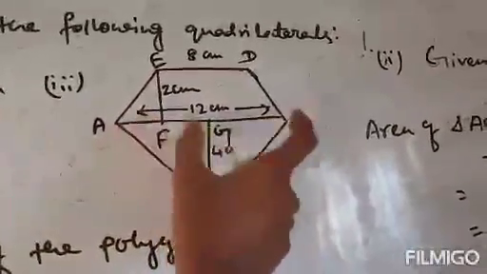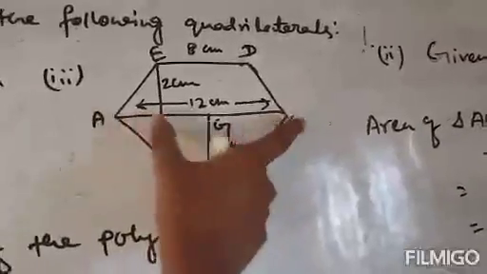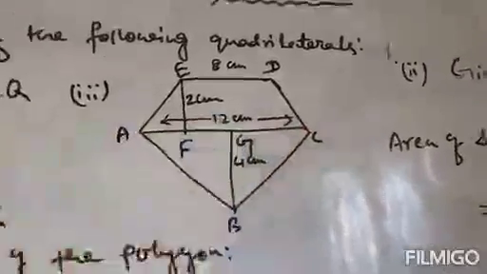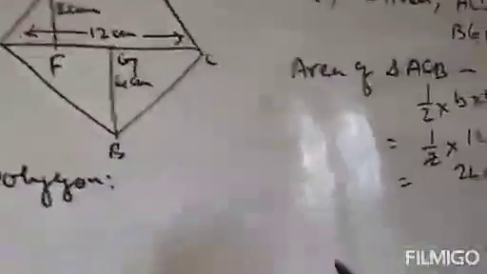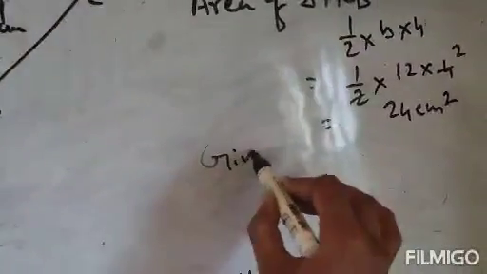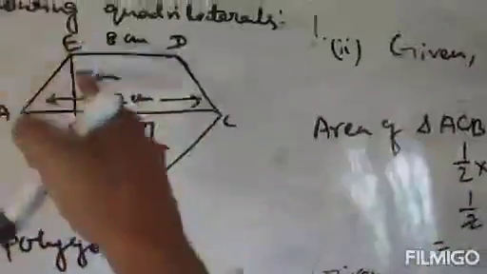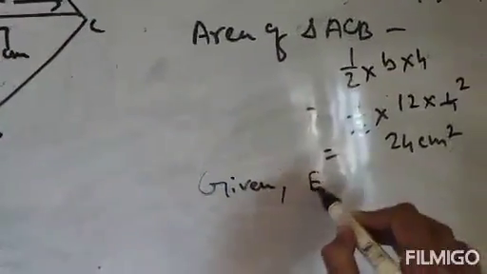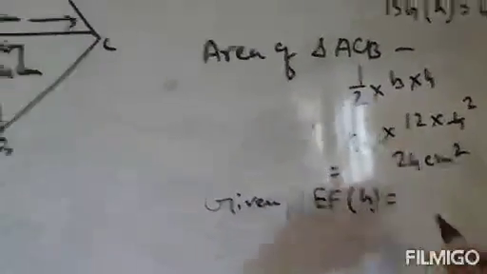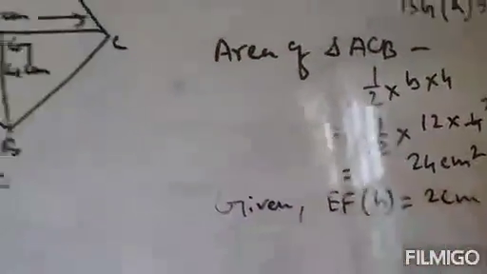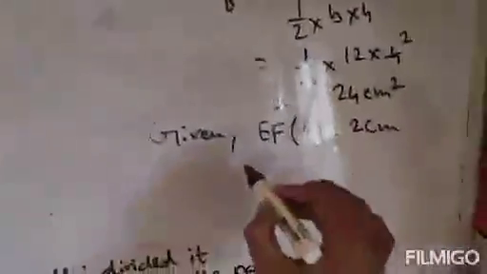So AC is 12 and CF is 8. 12 minus 8 gives 4, so AF is 4. Now just write this data. The height EF in triangle AEF is given as 2 centimeter, and AF is the base.